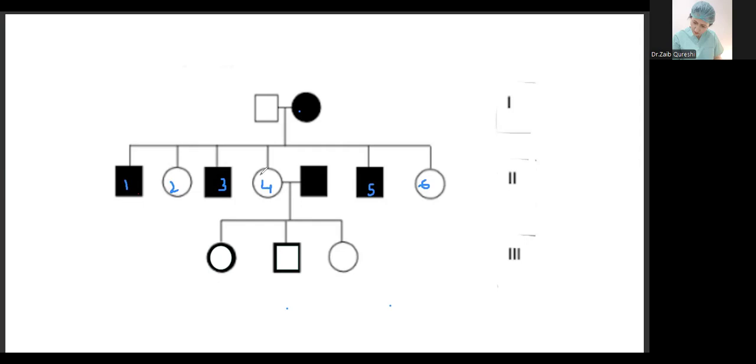That means she is sparing all the females, she can make them carriers of the disease, but only the males are getting affected. That means, guys, this is X-linked recessive. Okay? Are you following this? This kind of chart you see in the exam, and you will diagnose X-linked recessive.